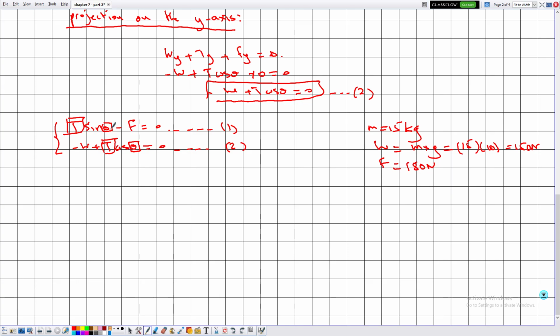So for this reason we need to get rid of sine and cosine, and this can be done by using sine square theta plus cosine square theta is equal to 1, as we have done for the trajectory.